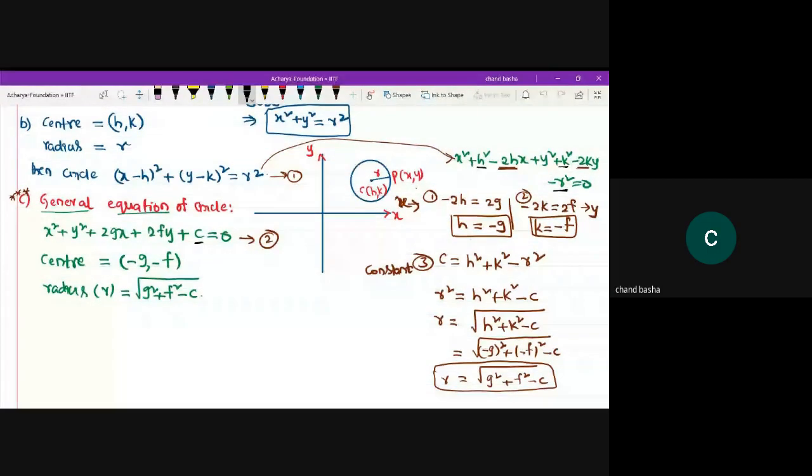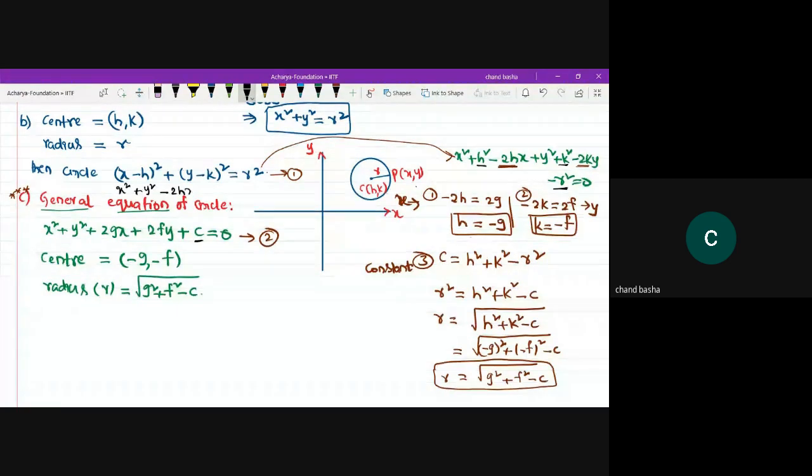Let us see, if I'm expanding this, what am I going to get? x square plus y square minus 2hx minus 2ky plus h square plus k square minus r square is equal to 0. Let it be equation number 3. These two should be comparable because both are circle equations.